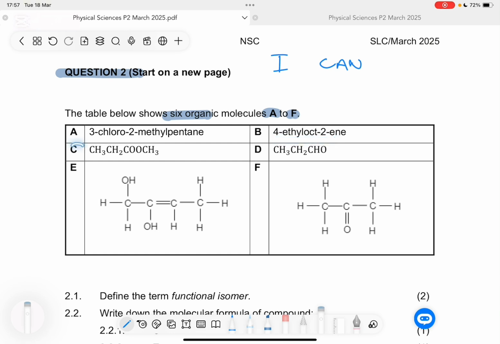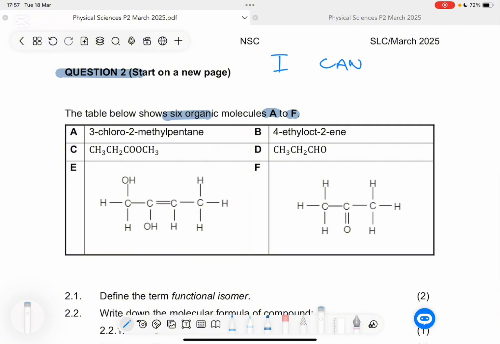On C, we are given a condensed structural formula. And D also has a condensed structural formula of a different molecule, of course. On E, we are given a structural formula of the molecule. And F is another structural formula.